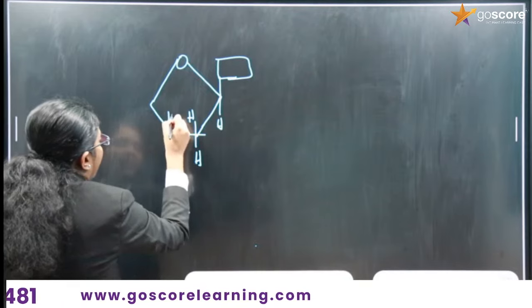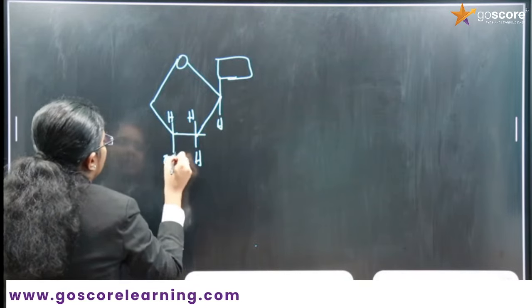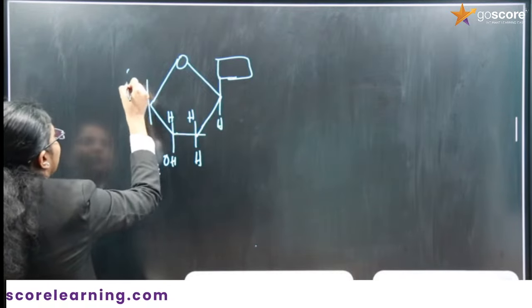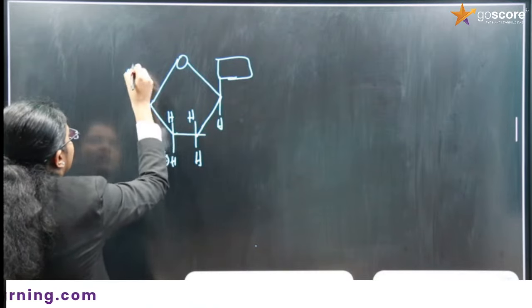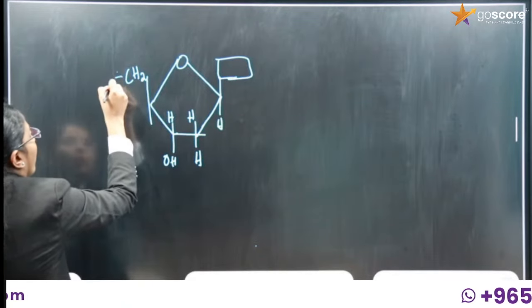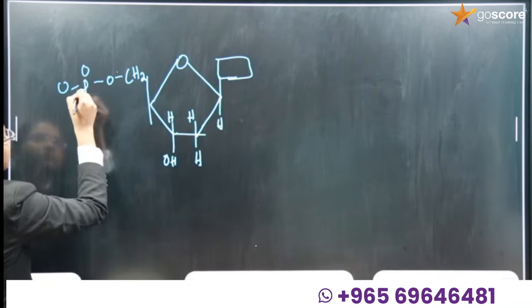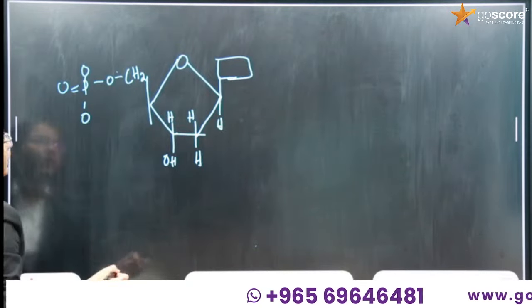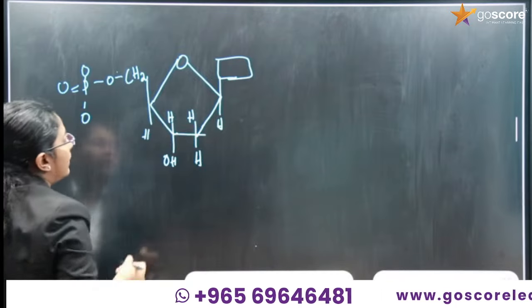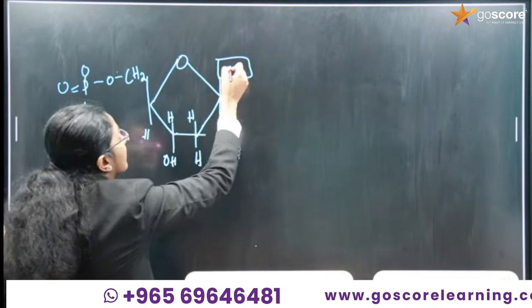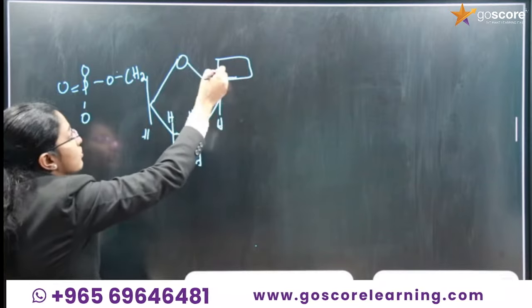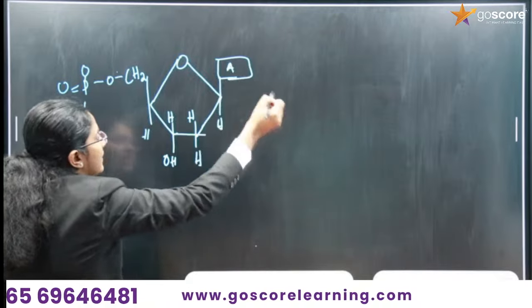Here OH is present. Then here you have the phosphate group, CH2, then PO4. This is the first nucleotide, with the first nitrogen base. So we can write here adenine.